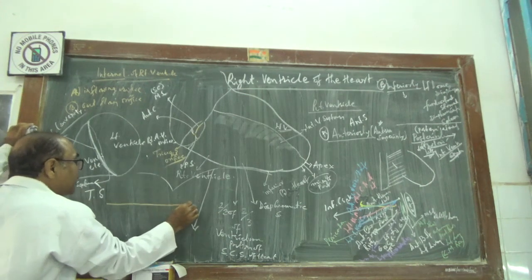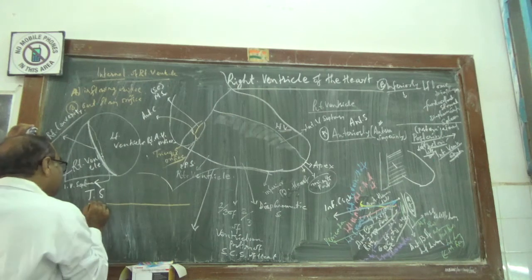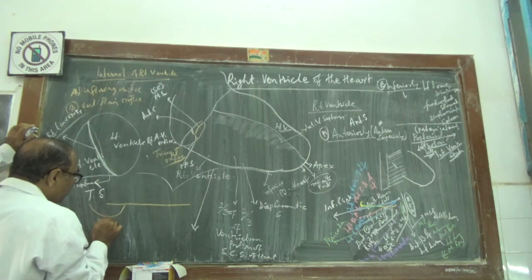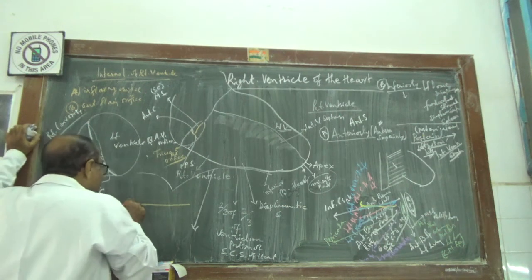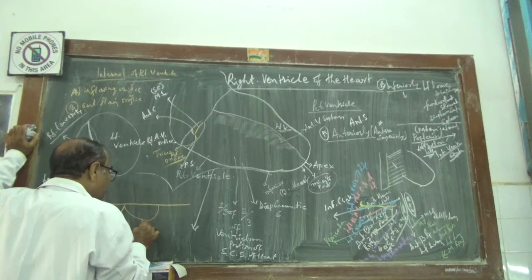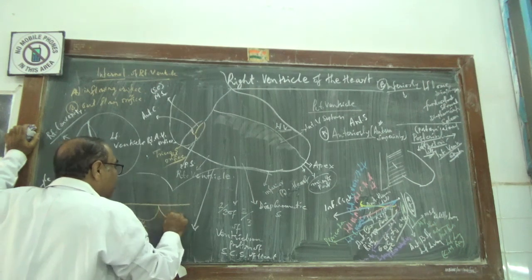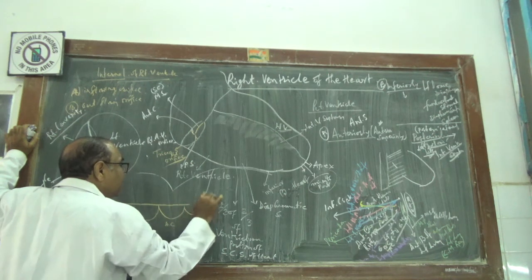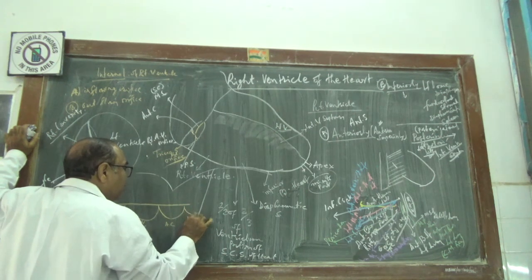In its transverse section, this is half of the medial cusp. This is the posterior cusp. This is the anterior cusp. And this is the remaining half of the medial cusp.